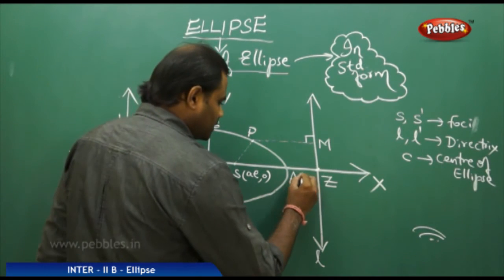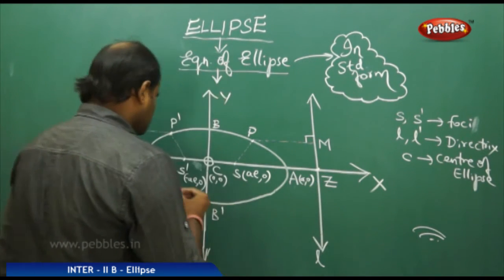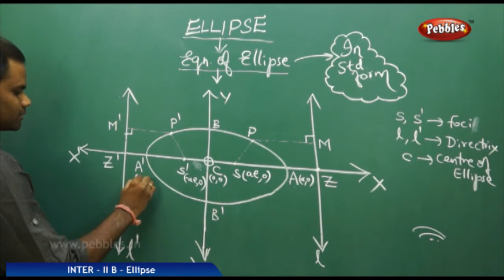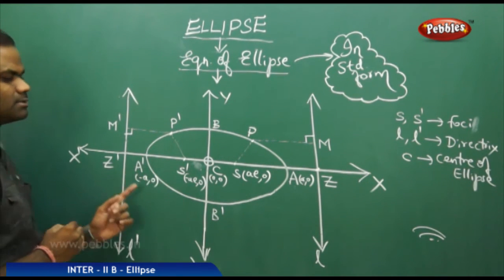The coordinates of A are A, 0, and the coordinates of A dash are minus A, 0.